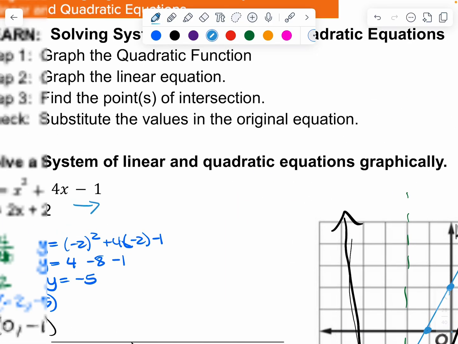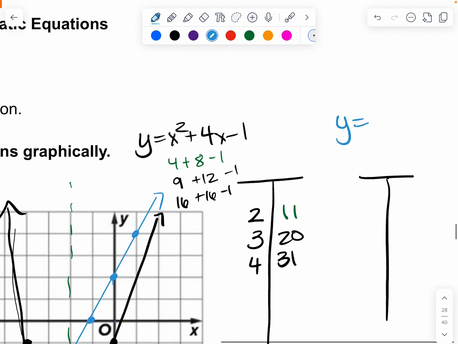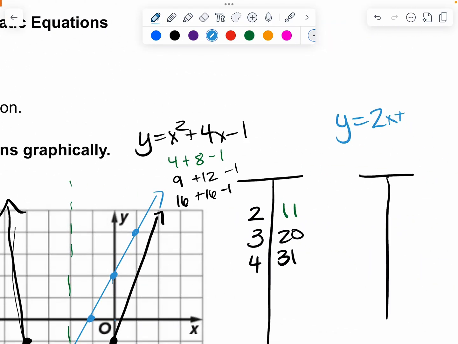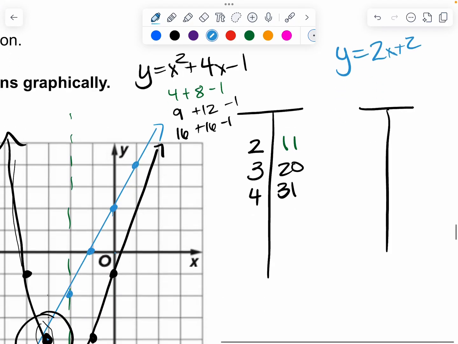So y equals 2x plus 2. If I plug in a 2, that would get me 4 plus 2, which is 6. If I plugged in a 3, that would get me 6 plus 2 is 8. If I plugged in 4, that would get me 8 plus 2 is 10.